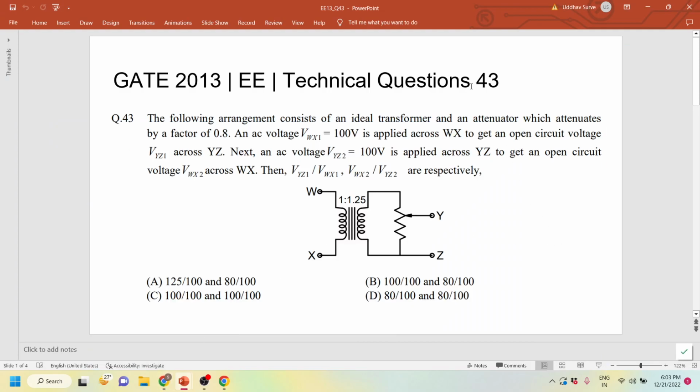So let us take the first question for today. It is technical question number 43 from GATE 2013. The following arrangement consists of an ideal transformer and an attenuator, which attenuates by a factor of 0.8.